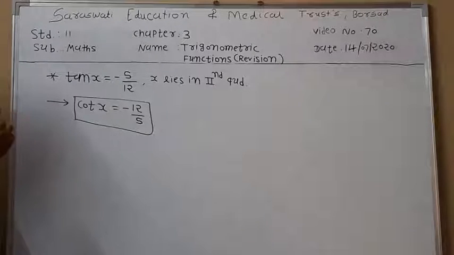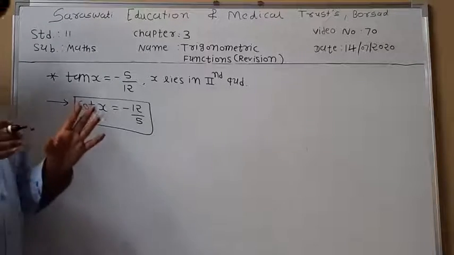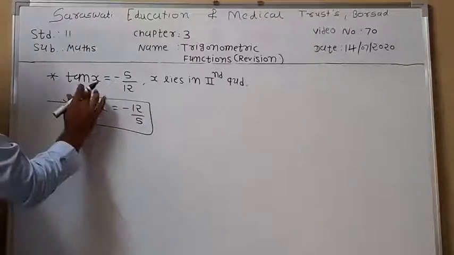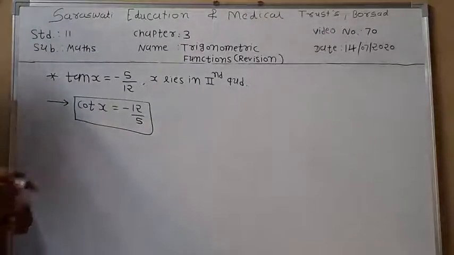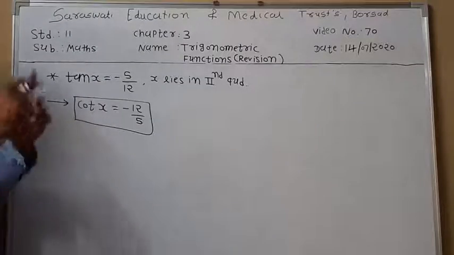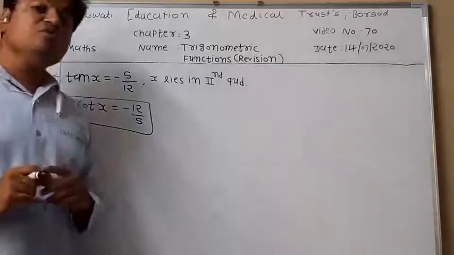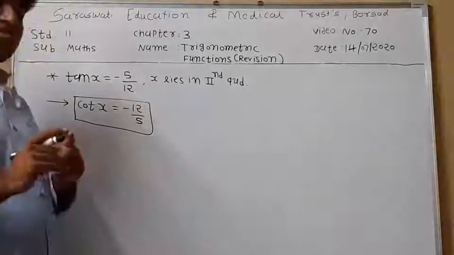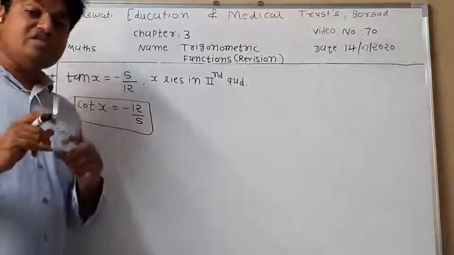Now how can we find the values of sine, cos, sec, cosec? Here tan x is equal to minus 5 by 12. We know one relation, sec square x is equal to 1 plus tan square x.